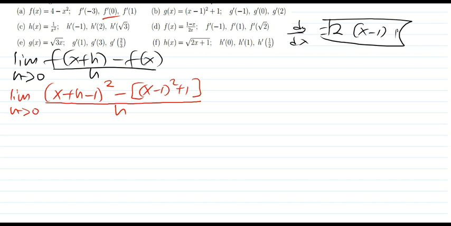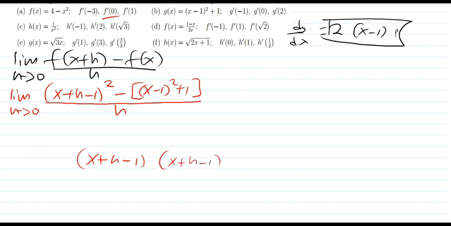Now, if we distribute this, which we have here inside, I can do it separately. I have x plus h, then minus 1. Again I have x plus h minus 1.